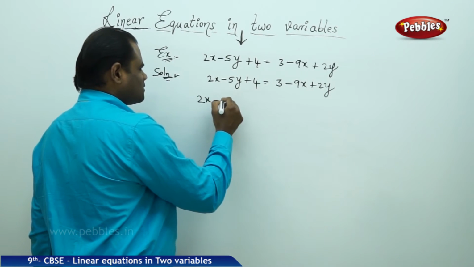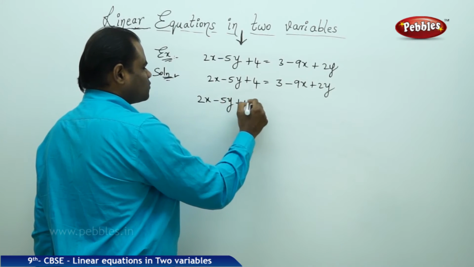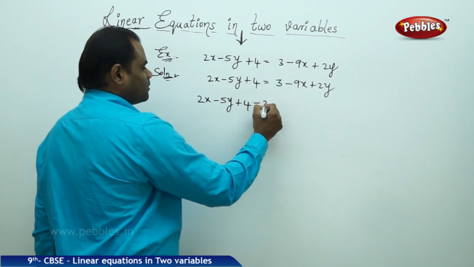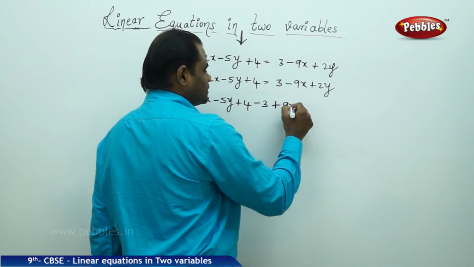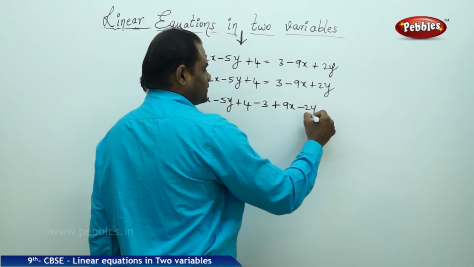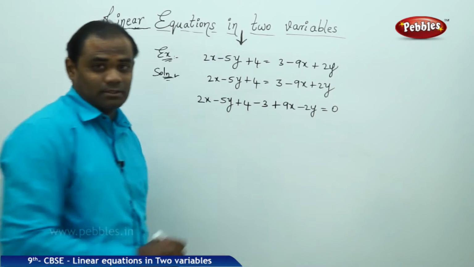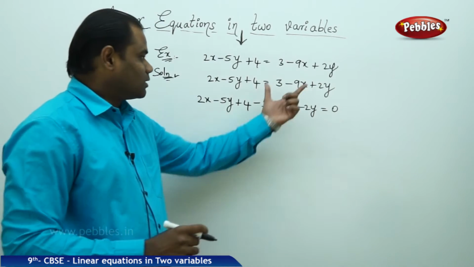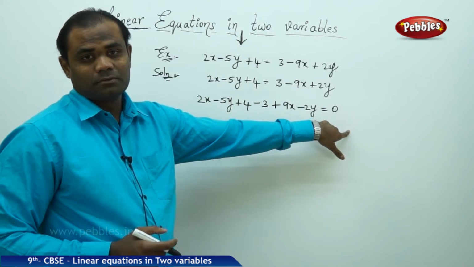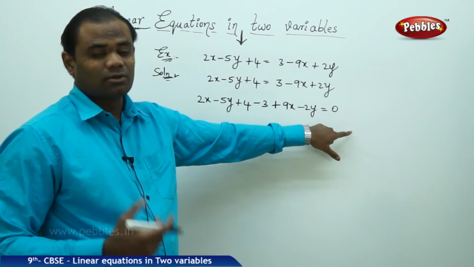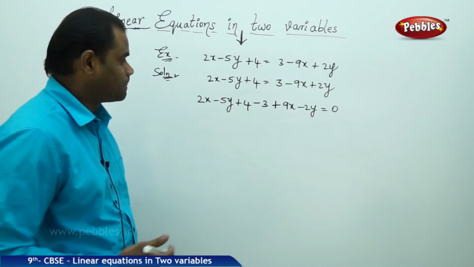So 2x minus 5y plus 4 plus 3, when I bring it to the left, it is minus 3, minus 9x when brought to the left is plus 9x, plus 2y to the left is minus 2y, equals 0. So I have all the terms on the right which are brought to the left, equating to 0. Linear equation is always equated to 0.